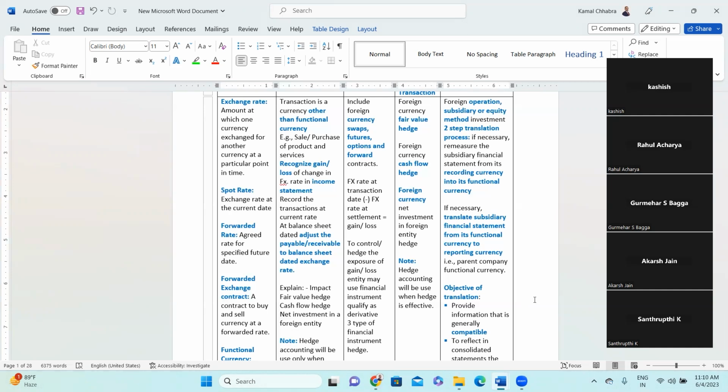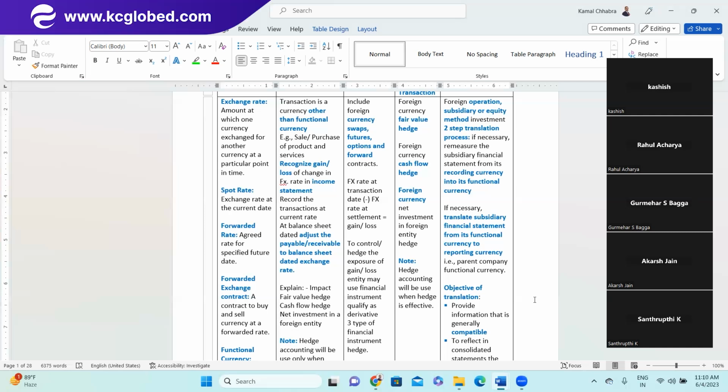So today Kashish has sold it, but I'll be paying him back after 60 days at the rate of 83 rupees per dollar. That means we agreed, for a specific future date, on this exchange rate at which we'll do the transaction or the payment. Make sense? Future contract.